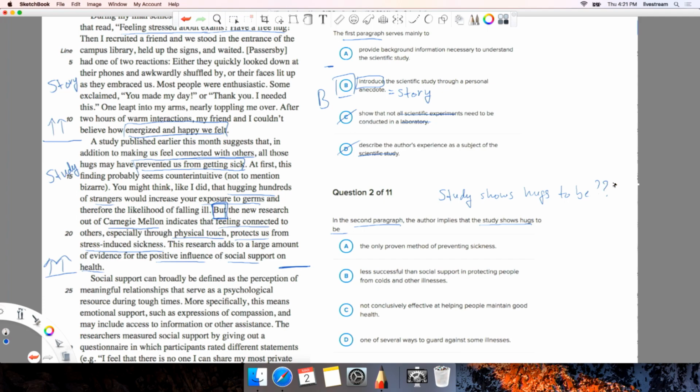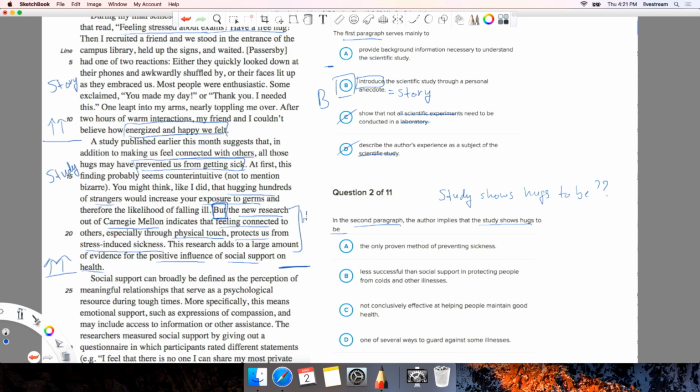So let's take a look back at the second paragraph and look for the study and what the author is implying about that. So, a study published earlier suggests that hugs make us feel connected and prevent us from getting sick. And then here's the study here. New research out of Carnegie Mellon shows that feeling connected, especially through physical touch, protects us from stress-induced sickness. So that is pretty positive.